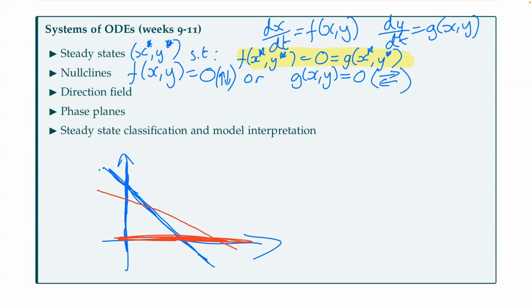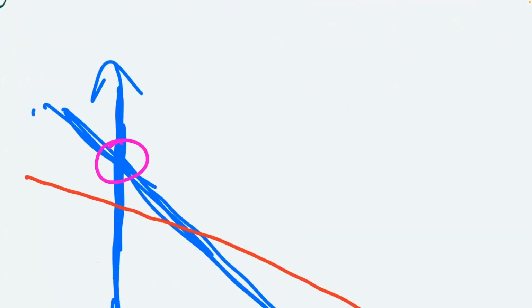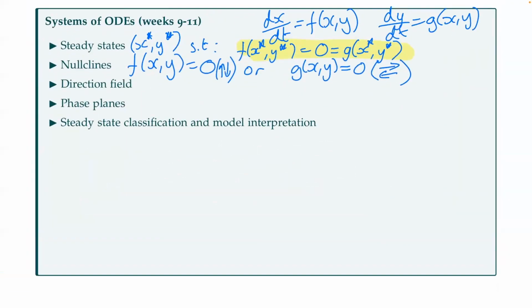You only have equilibria when there's an intersection of nullclines for different variables, okay? So if I zoom in here, this is not an equilibrium, it's not a steady state, because we don't have an intersection between a blue and a red line. This one is, this one is, this one is, and this one is. This one and this intersection here, they are not equilibria, okay? So just make sure that you're not accidentally finding equilibria where they don't exist. Okay, so direction field has caused quite a lot of problems to people.